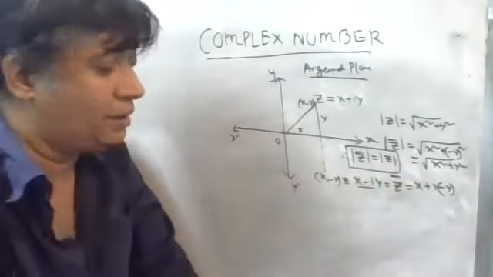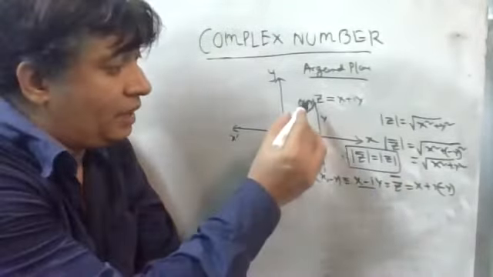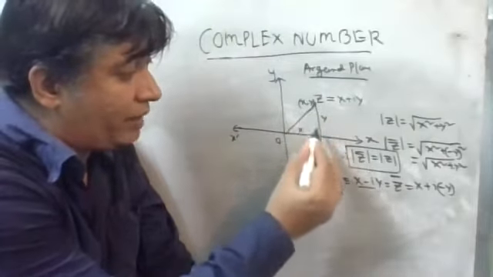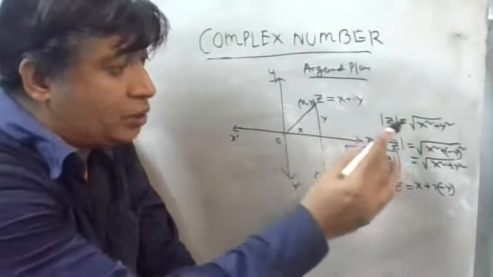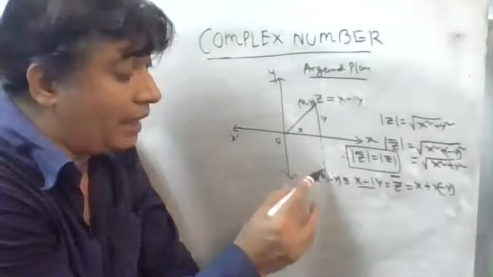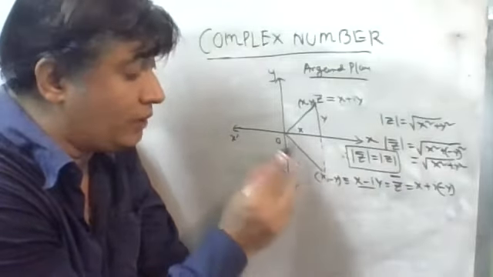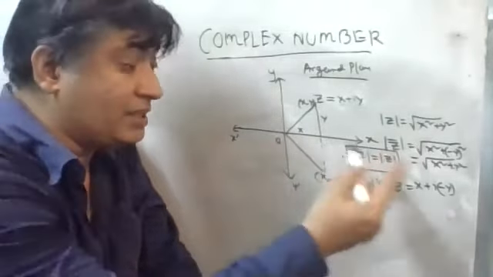That means, see, the length of x comma y from the origin is root x square plus y square, and then the length of x comma minus y from the origin will remain the same.